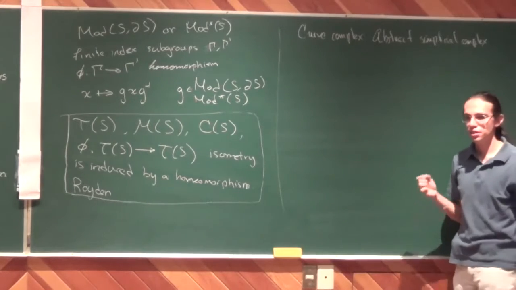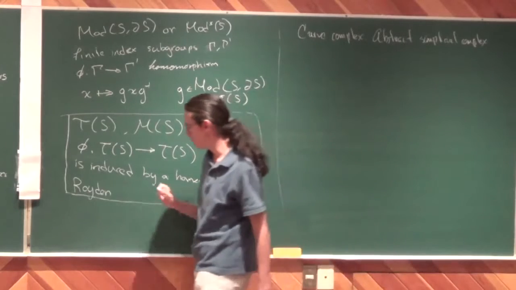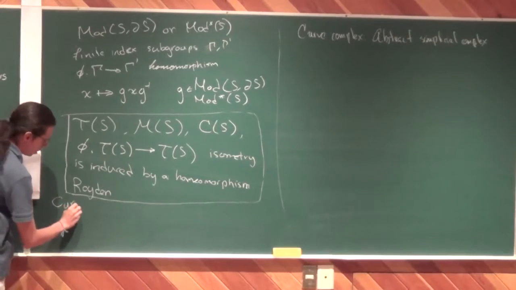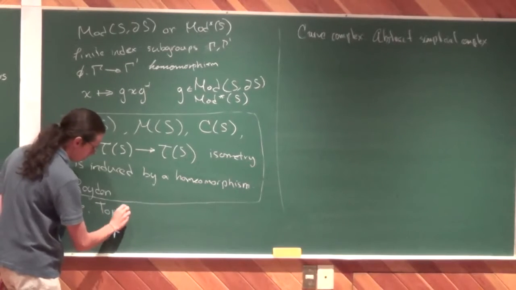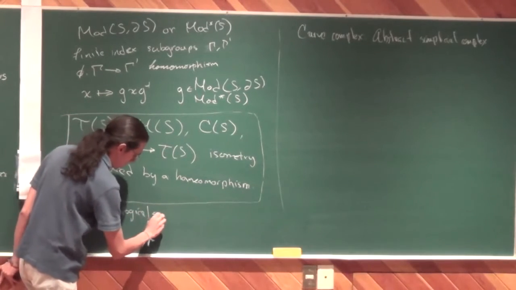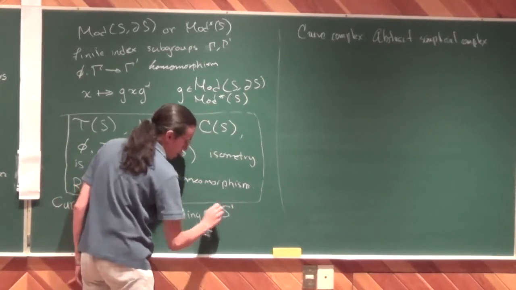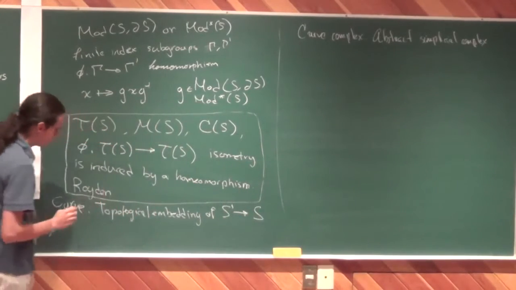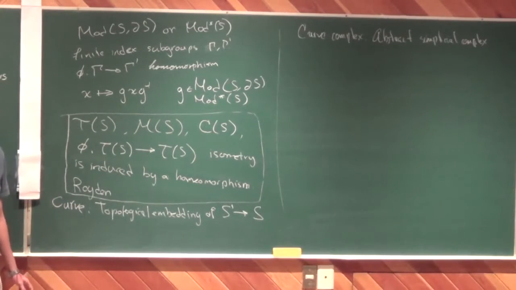But what are we going to be calling an essential curve? For us, at least for this talk, a curve will be a topological embedding of the unit circumference into the surface. And a curve will be essential if it is not homotopic to a point or a boundary curve. Okay?